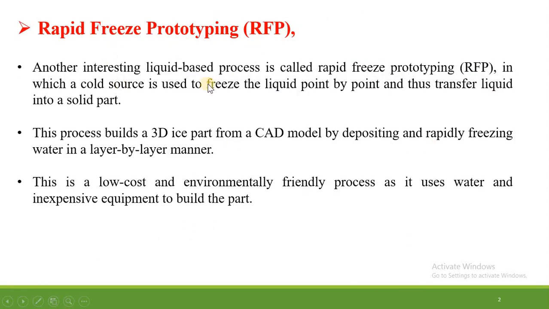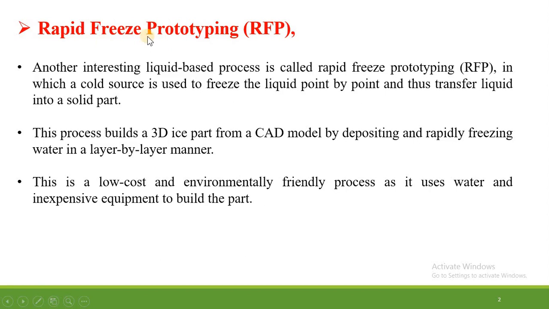Rapid freeze prototyping. Another interesting liquid based process is called rapid freeze prototyping, in which a cold source is used to freeze the liquid point by point and thus transform liquid into a solid part. As the name itself indicates, in this process we are using liquid, so it falls under the category of liquid based prototyping.